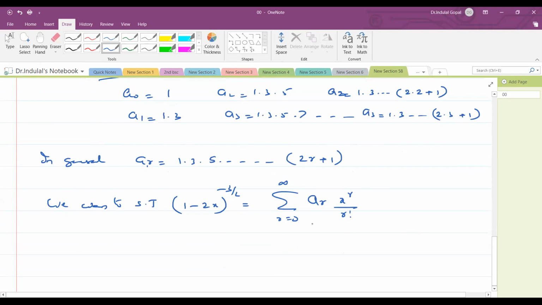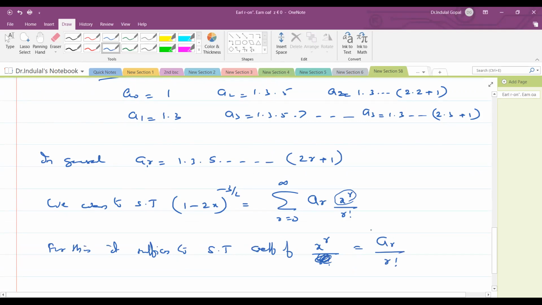For this, it's sufficient to show that the coefficient of x raised to r in the LHS is equal to AR by r factorial.